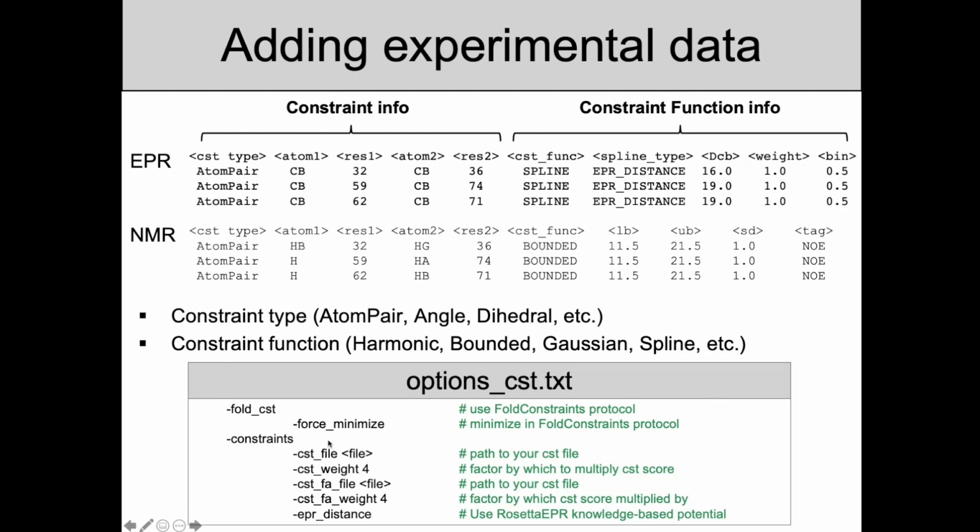So, of course, the file itself needs to be provided, and that's provided by this option here. And then you provide a weight, and for what we're doing, we're going to set the weight to 4, and that's been determined empirically to be the most effective way to incorporate these data. And then finally, we make a small modification to the protocol with this flag, the fold CST flag.